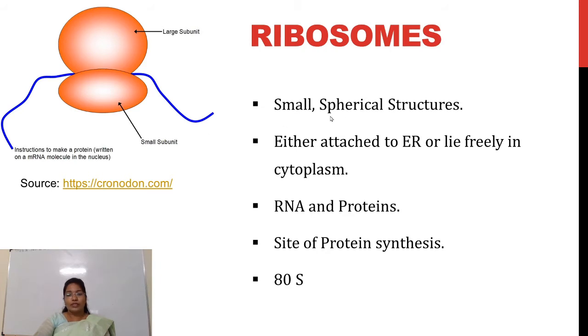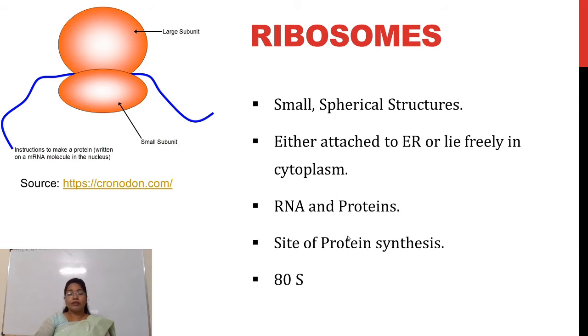The next structure is ribosomes. Ribosomes are small spherical structures present in the cytoplasm. They are either attached to the endoplasmic reticulum or lie freely in the cytoplasm. They are made up of RNA and proteins, and their function is that they are the sites of protein synthesis.